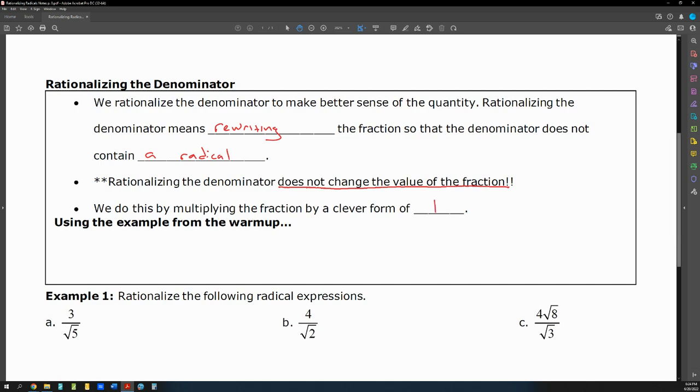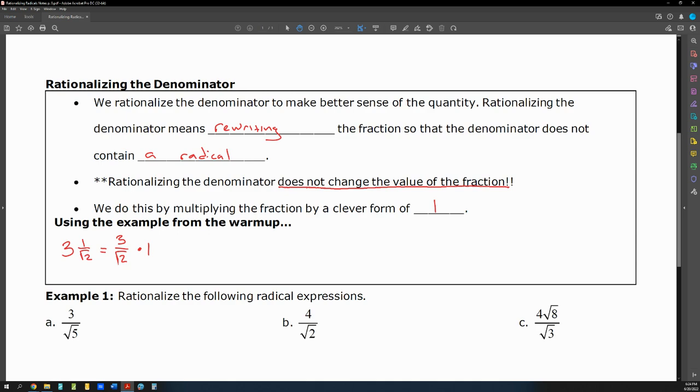So if we can multiply the fraction by a clever form of 1, that's not going to change the value, but we can see how that affects what our term looks like. So using the example from the warm-up, where we had 3 times 1 over root 2, or you could also write that as 3 over root 2, if I multiply this by 1, notice how that doesn't change anything.